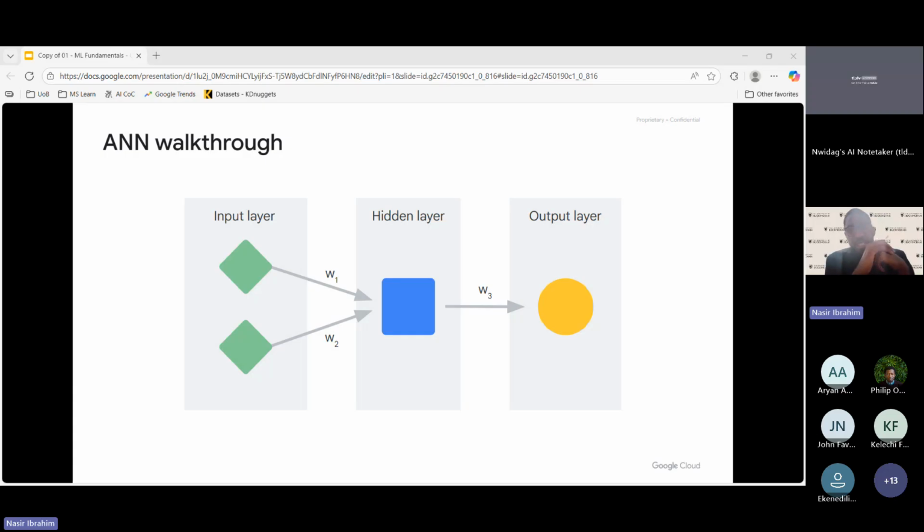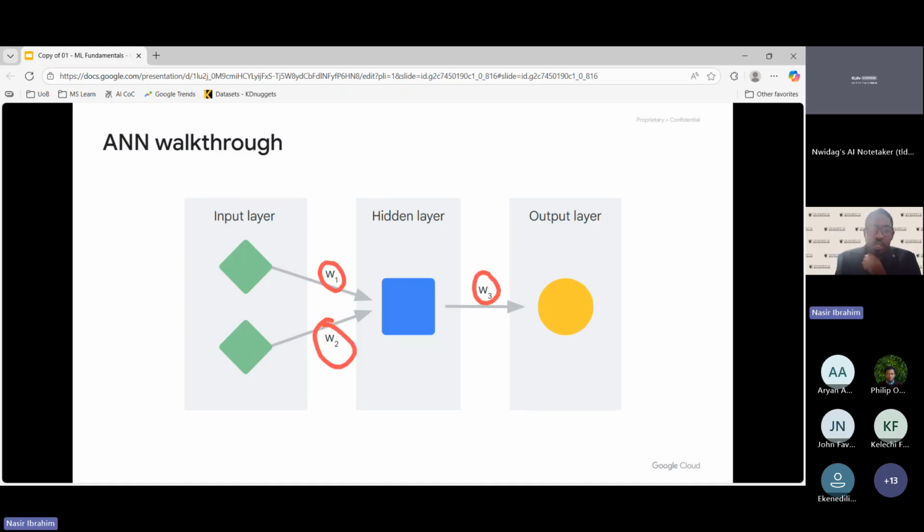Now, let's assume that you have two input neurons, one hidden neuron, and one output neuron as well. Now, the connection between each neuron has a weight attached to it. So every link has a weight attached to it.